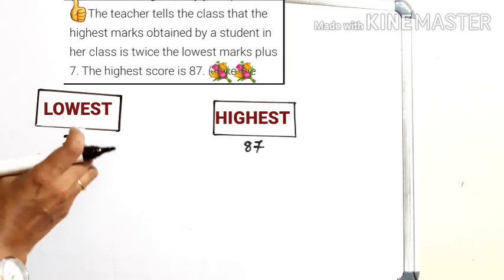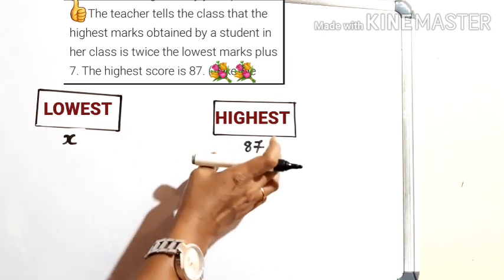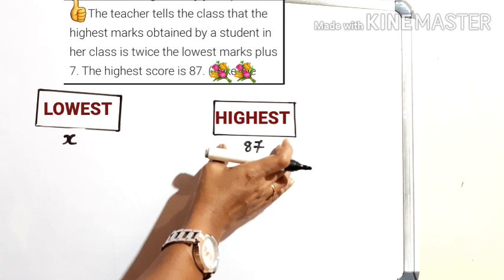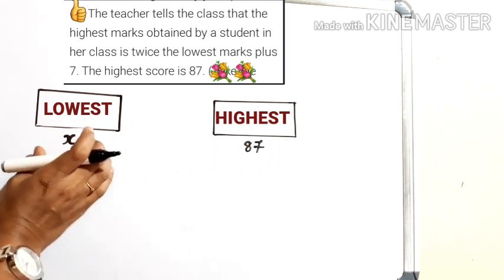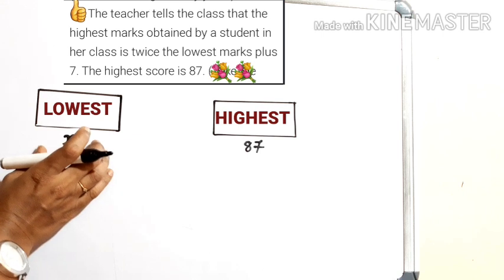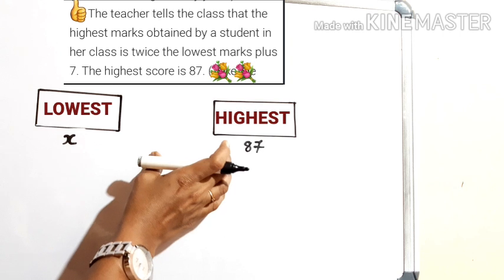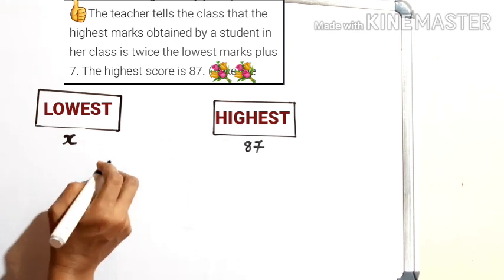That means the highest mark 87 is twice this, that means 2 times x with 7 added. Clear? So we can form an equation here.